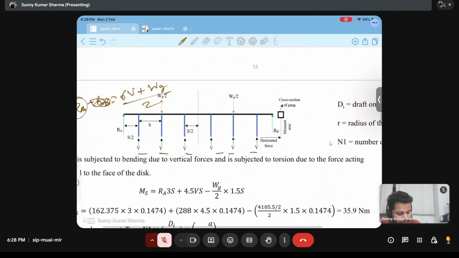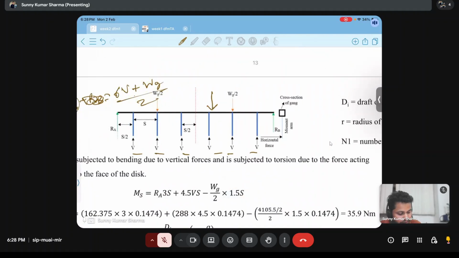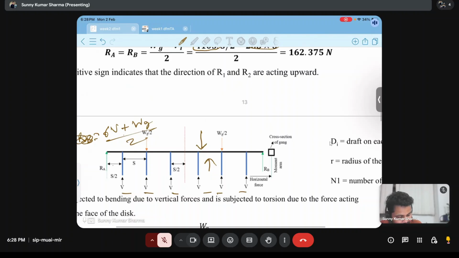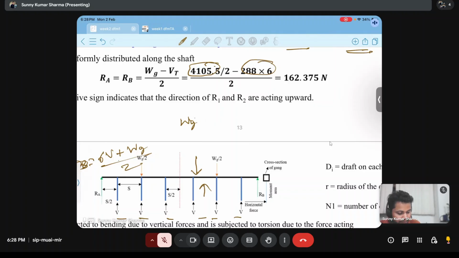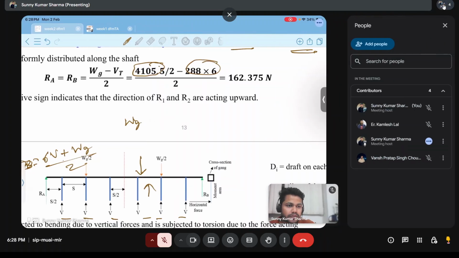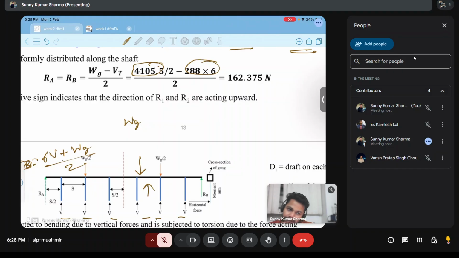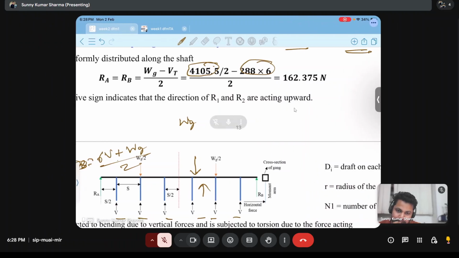See, weight is acting downward and V is acting upward. And what we discussed earlier, that weight was greater than V. So what will be the reaction force? Weight minus this V, divided by 2. Kamlesh and Vans, do you have any doubt from here?